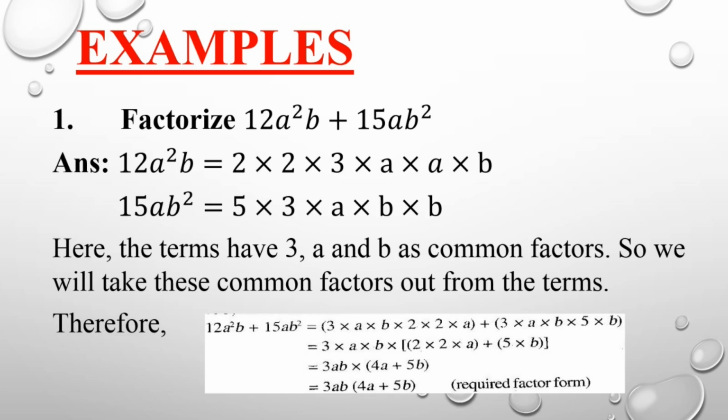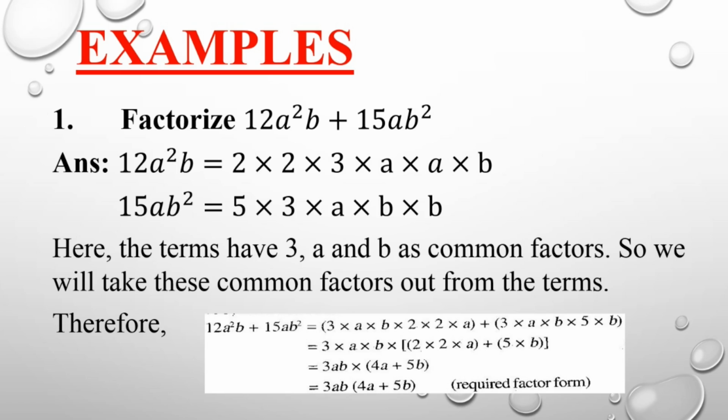So we will take these common factors out from the terms. Therefore, 12a square b plus 15ab square is equal to 3 into a into b into 2 into 2 into a, plus 3 into a into b into 5 into b. The way you write the number in prime factor form doesn't matter.